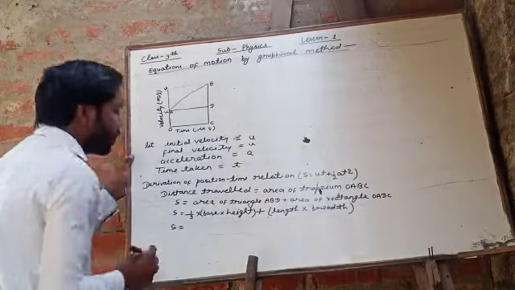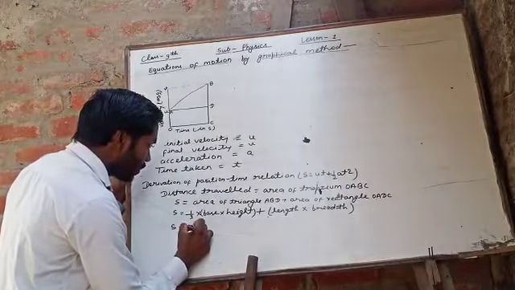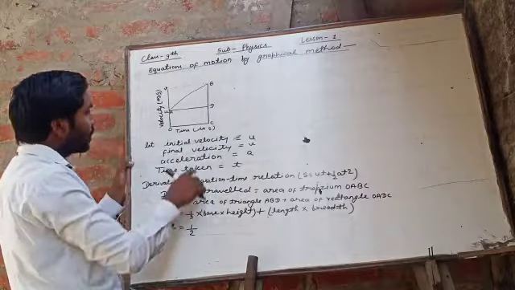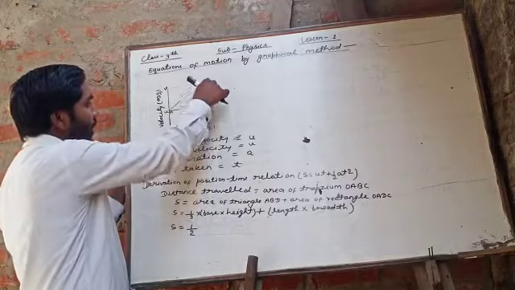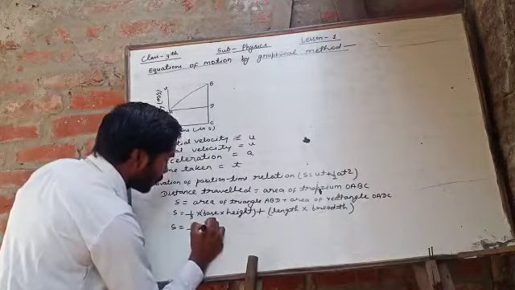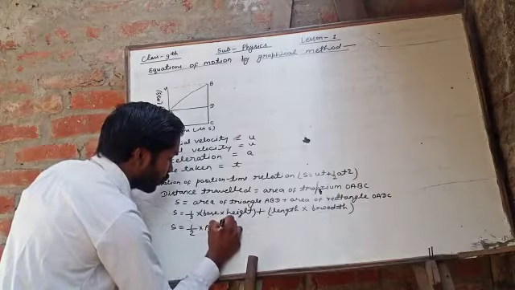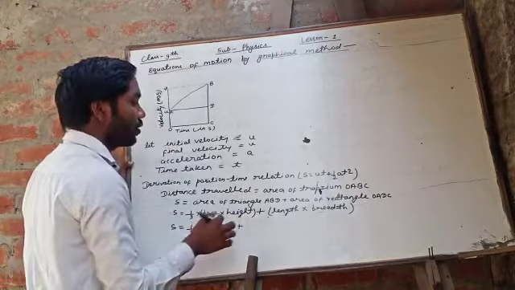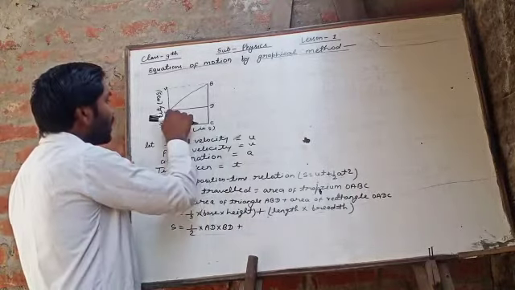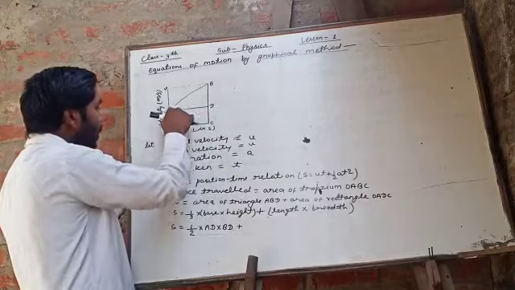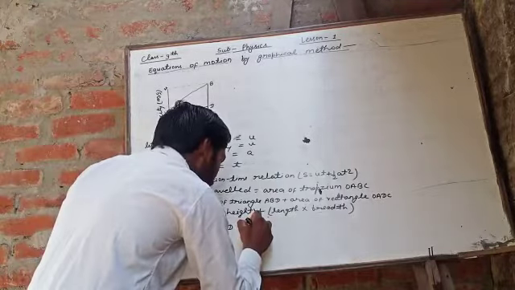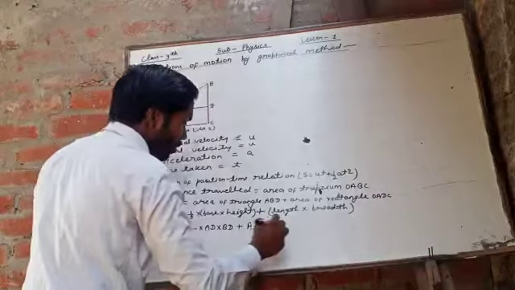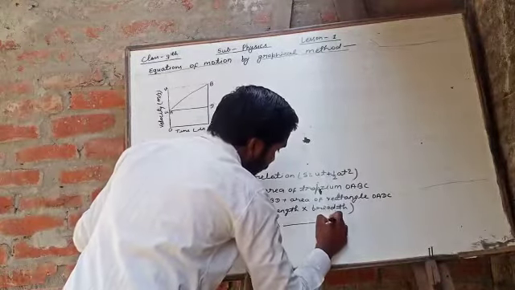So now we will put the values. Considering triangle ABD, here base is AD and height is BD. So 1 by 2 AD into BD plus the length of rectangle AD and width OA, AD into OA. This is equation number 1.